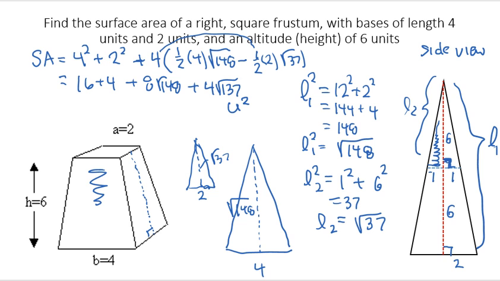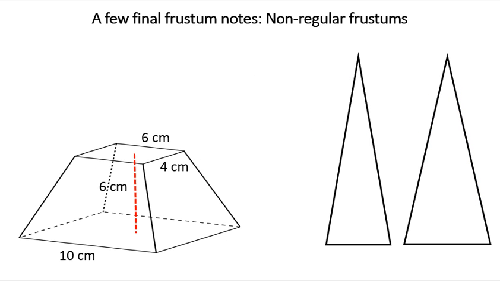Finally, just a quick note about what would happen if your frustum was not regular. In that case, the method for the volume would still be the same. You would find the height that's missing of the pyramid.